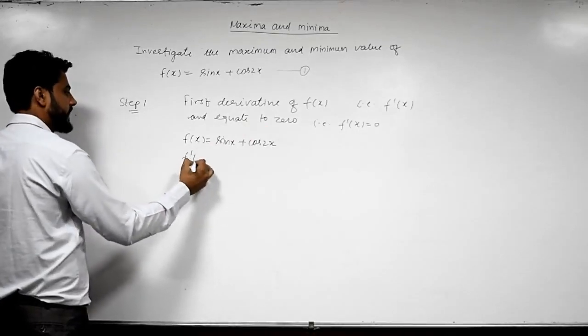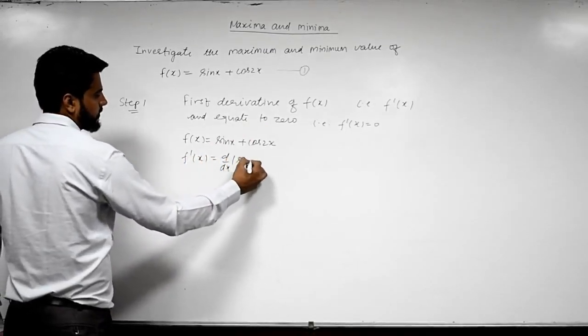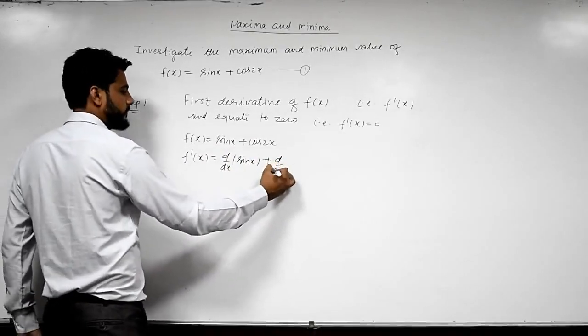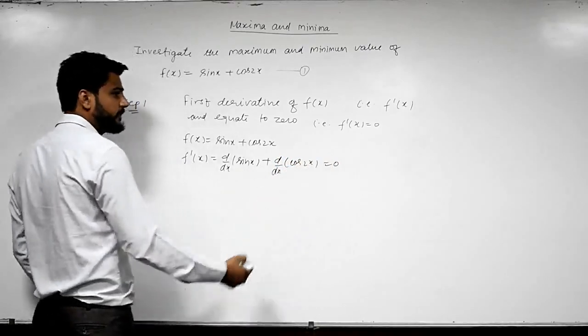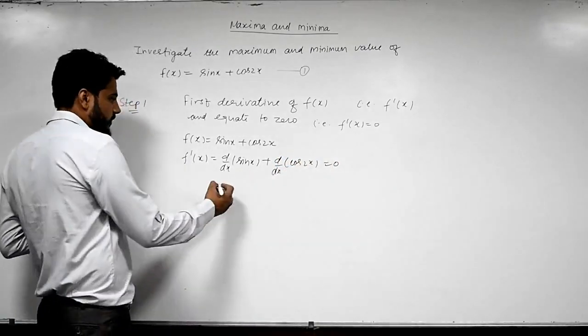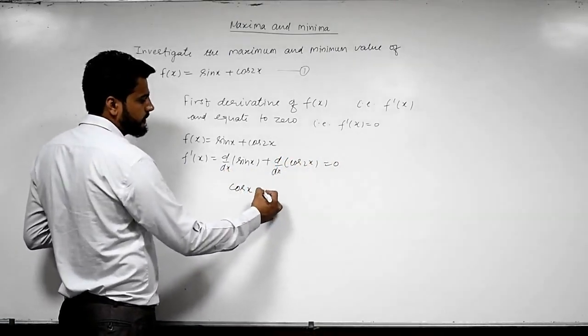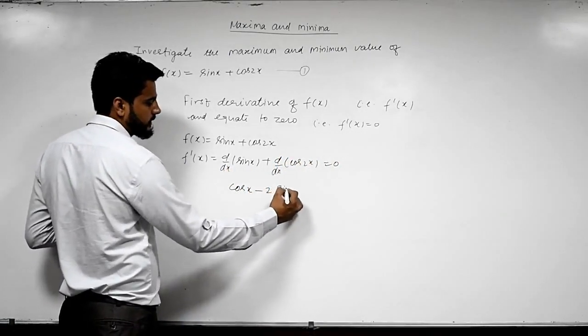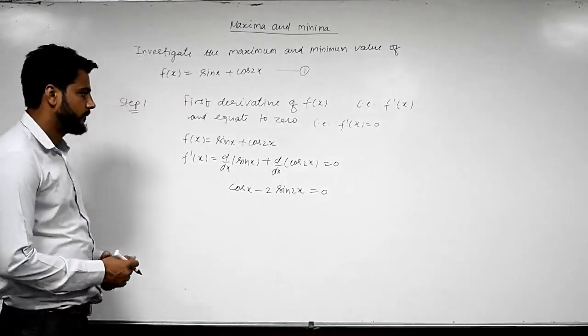That means f'(x) is the derivative of sin x plus the derivative of cos 2x. We all know the derivative of sin x is cos x. The derivative of cos 2x is minus 2 sin 2x, equal to 0. Why?